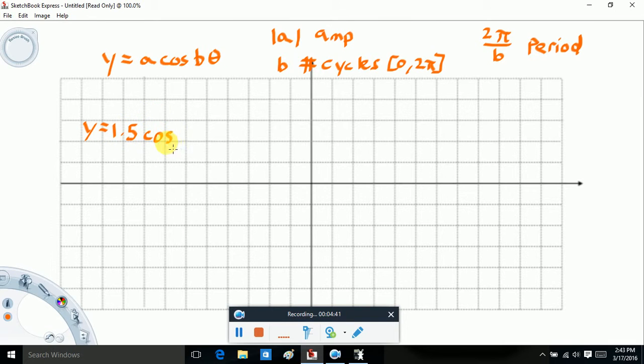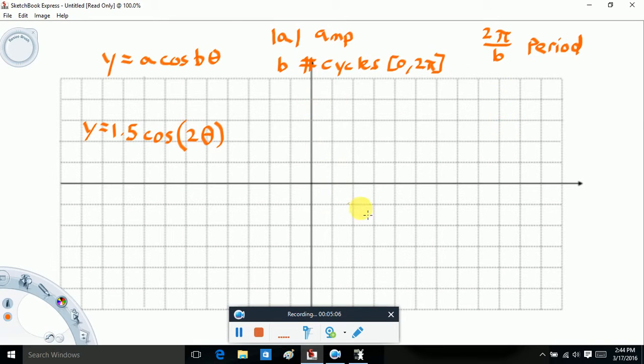Okay, so if we wanted to sketch y equals 1.5 cosine of 2 theta, the first thing we need to do is remember how the shape is. Okay, so it's going to start off at its max, go to 0, and go down to its min, then back to 0, and then to its max.